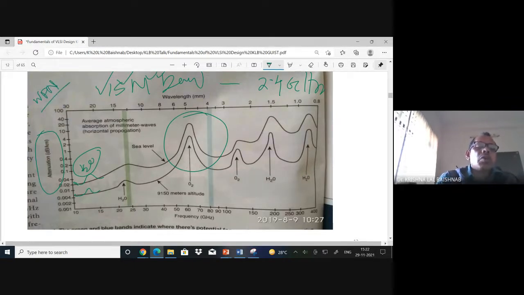What is the wireless personal network? It means indoor communication or WLAN. For WLAN operation, they have given 2.4 as a free license. You can do indoor operation, because oxygen molecules and water drops do not come into the picture for circuit designs at those frequencies.